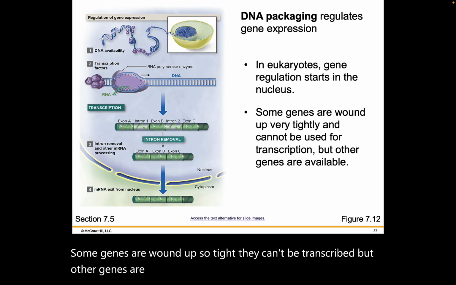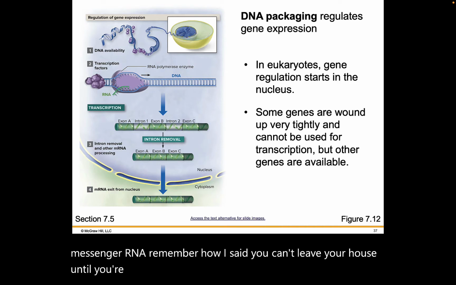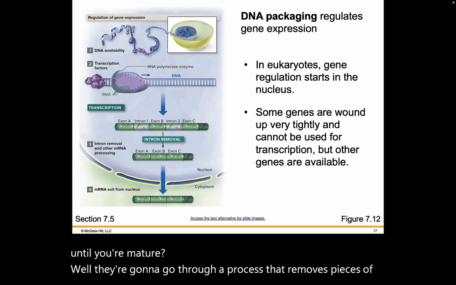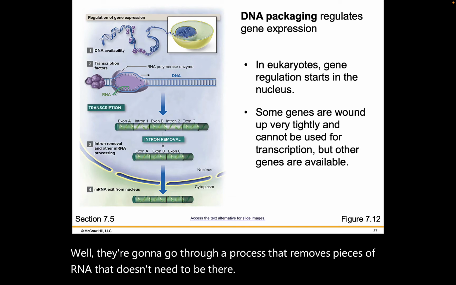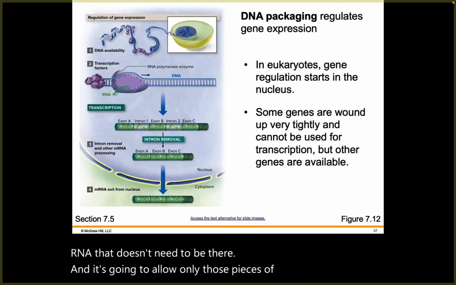And what's cool is once you get that messenger RNA, remember how I said you can't leave your house until you're mature? Well, they're going to go through a process that removes pieces of RNA that don't need to be there. And it's going to allow only those pieces of RNA to actually leave.